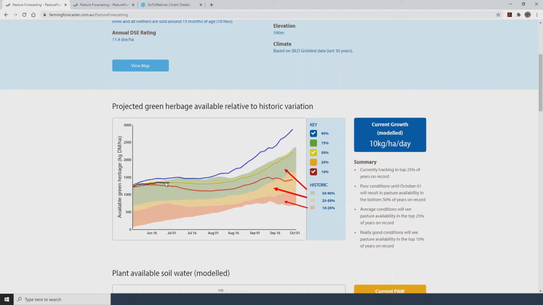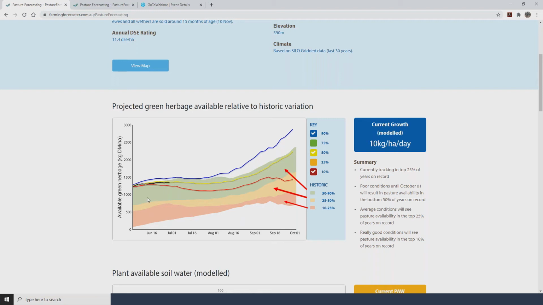This line is updated daily from the GrassGro model and shows how pasture conditions are changing throughout the month in response to daily weather. In other words, daily changes in weather conditions are picked up by this black line.